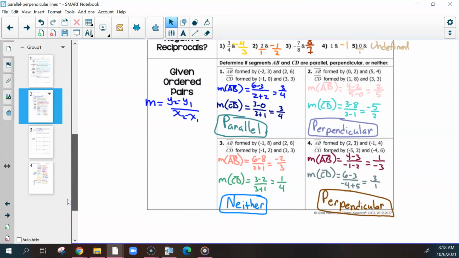Number 2 was perpendicular. Number 3 was neither, however you say that. Number 4 was perpendicular. Questions on those 3?